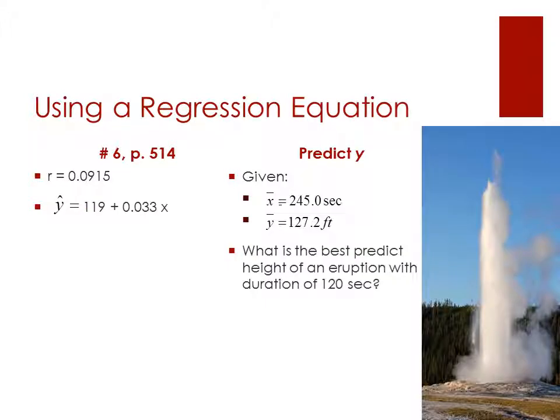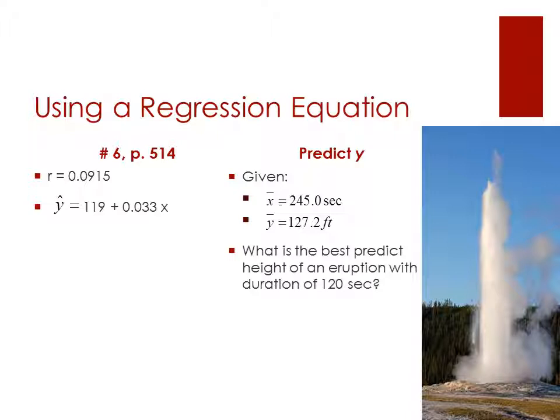Okay, so now we've done that one. Let's go and take a look at another sample problem, and I want you all to work through this one on your own, and then we'll check your work as we go along. So here we're again looking at Old Faithful, so we've got our geyser that's going up, and we're given for problem number 6 on page 514, an r of 0.0915.